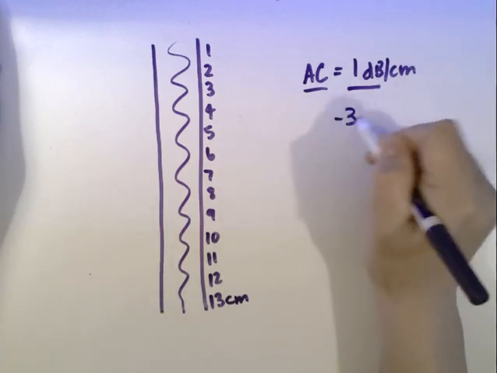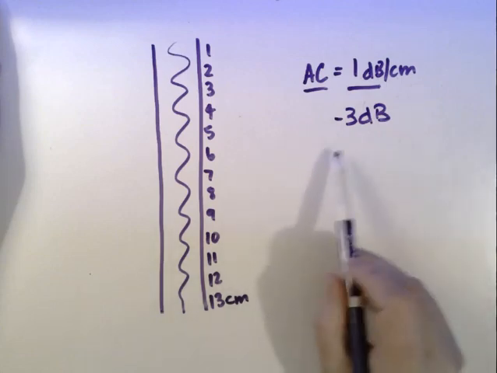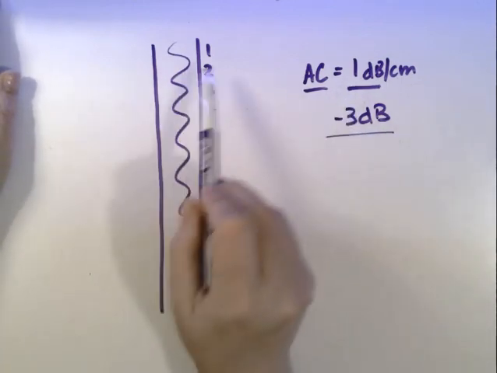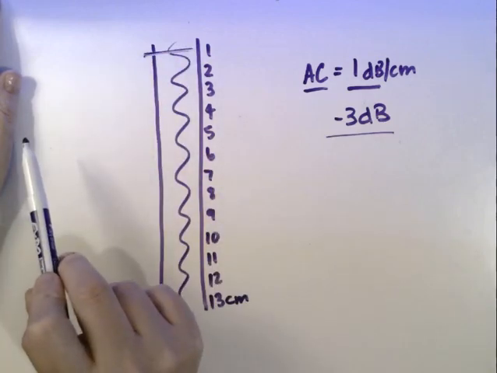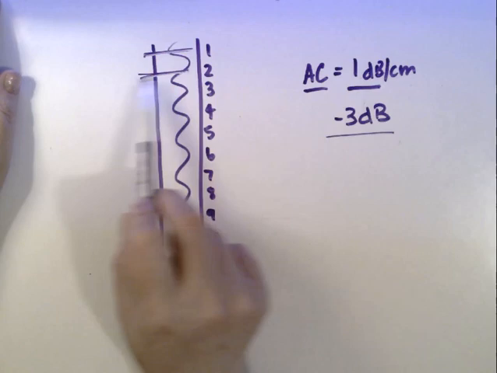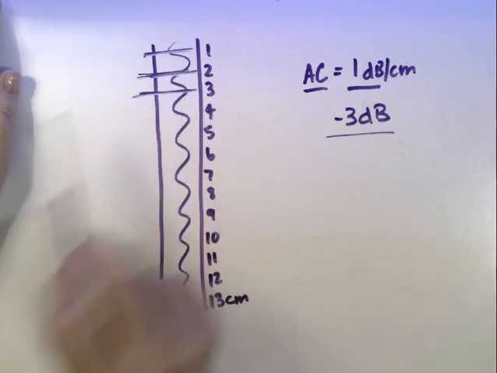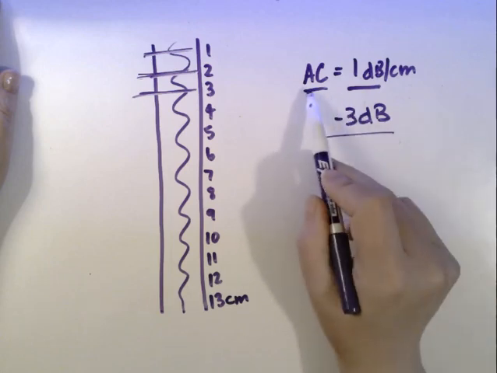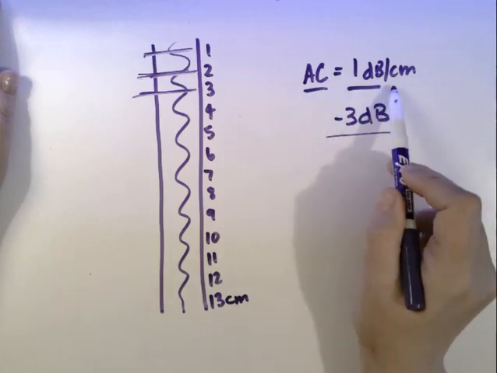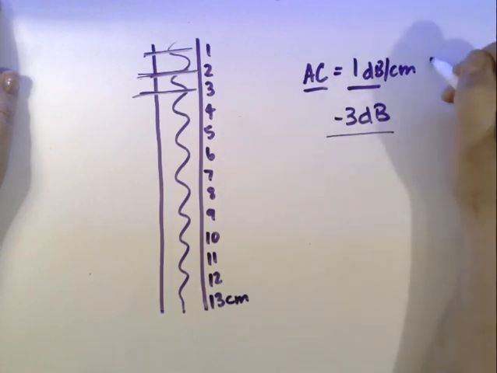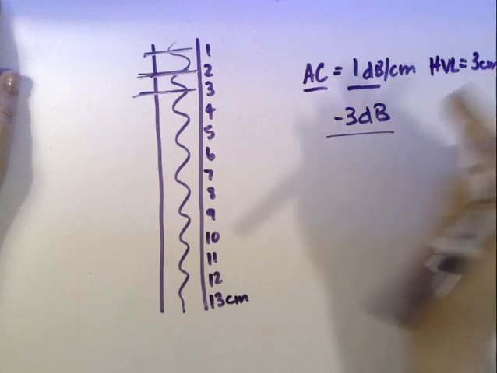Again, we're looking at what point we get to negative 3. So at 1 centimeter, we have 1 decibel gone. At 2 centimeters, we have 2 decibels gone, and at 3 centimeters, we have 3 decibels gone. So with a sound wave that has an attenuation coefficient of 1 decibel per centimeter, the half value layer thickness is going to equal 3 centimeters.